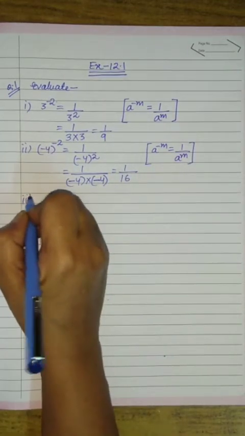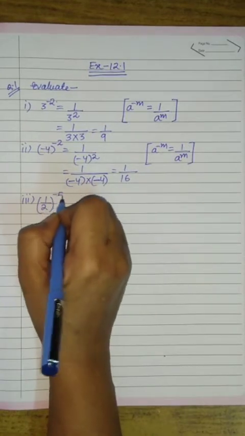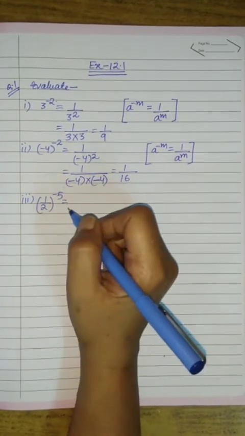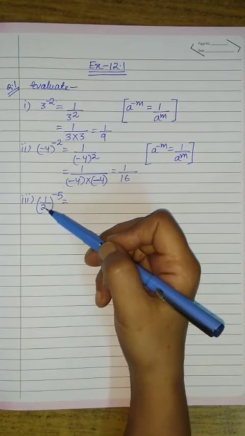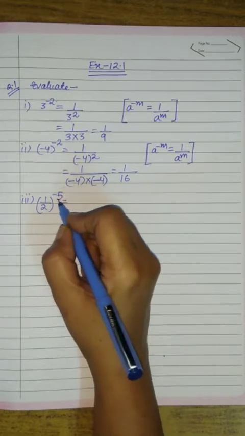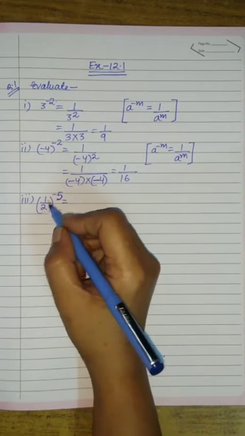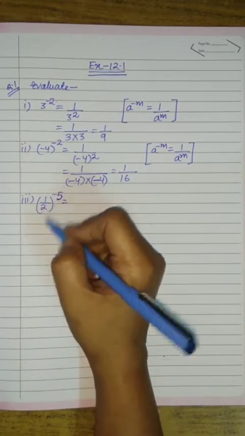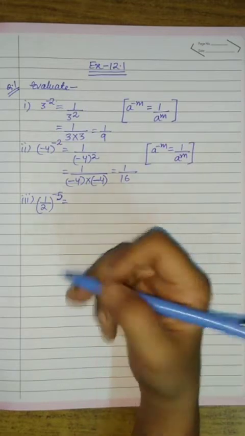So third part of this question is 1 upon 2 raised to power minus 5. Now the term given within the bracket is a fraction. So when we change the exponent from negative to positive, ultimately the term given in the bracket will be changed, written as its reciprocal.